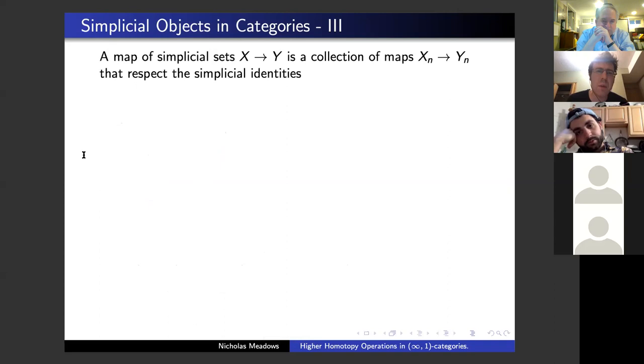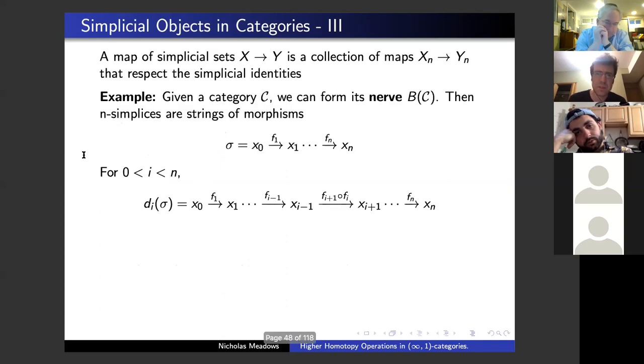So a map of simplicial sets is a collection of maps from X_n to Y_n that respect these simplicial identities. They respect the face and degeneracy maps. And an example of an abstract simplicial set is the nerve of a category.